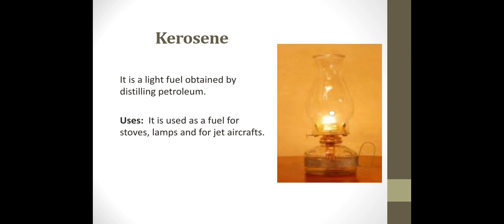So this kerosene was also used in earlier days when there was no inverter or such things. So we used to light fire on this lamp using this kerosene, and this kerosene is also used in stoves while cooking food.